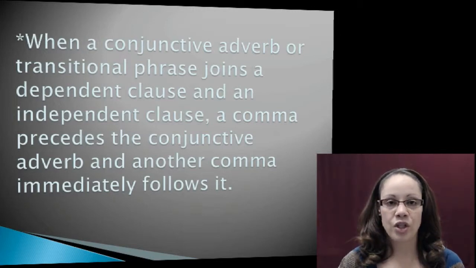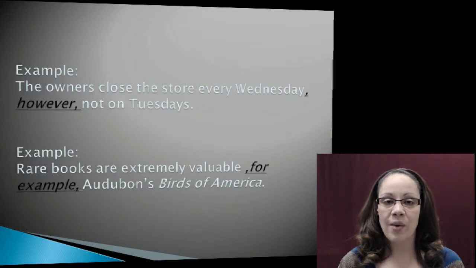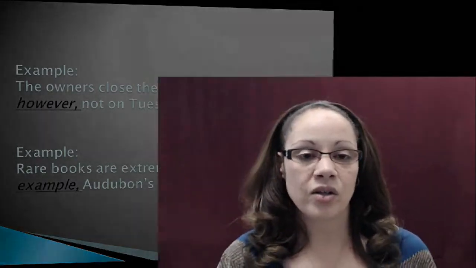Okay, that's what I was telling you before. So when you have an independent clause being combined to a dependent clause with a conjunctive adverb or transitional phrase, we have a comma before the conjunctive adverb or transition and a comma right after. So it's not a semicolon and comma, it's a comma, comma.